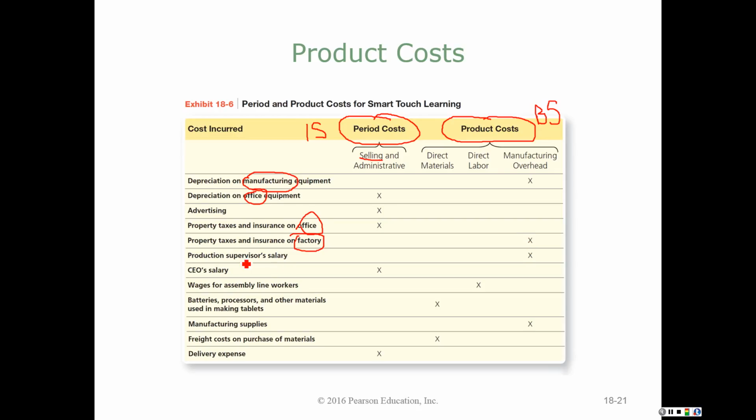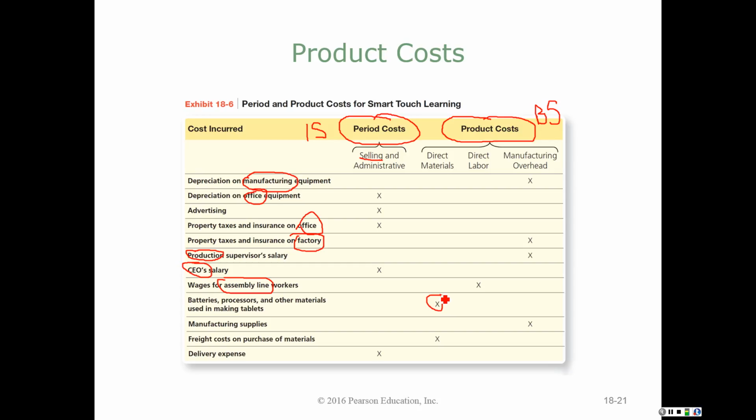The production supervisor's salary, key word, production. It is part of manufacturing our product. It is a product cost. The CEO, as important as he or she is, is not hands-on in the manufacturing process. They are a period cost on the income statement. Wages for assembly line workers, here's the key: they are tied directly to our product, direct labor. Batteries, processors, other materials: here we call these specifically direct materials.